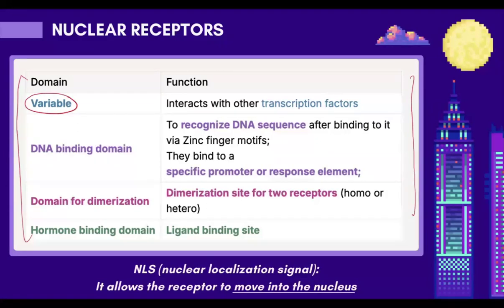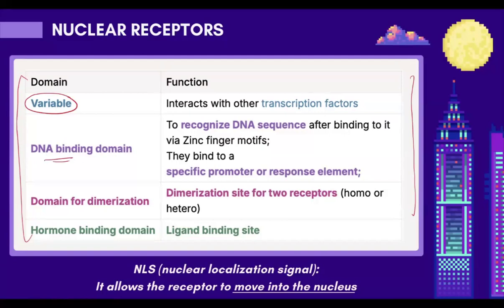Then the receptor has another domain called the DNA binding domain. We'll get into this mechanism again, but once the ligand, like the steroidal hormone, binds to it, the receptor is going to move into the nucleus. Once it goes inside, it's going to bind to the DNA in certain parts, and to do that you need a DNA binding domain.